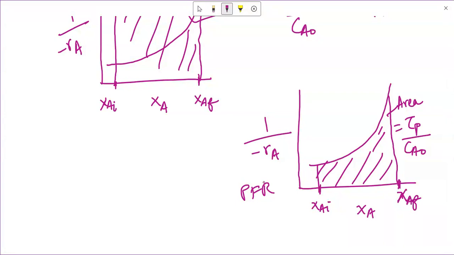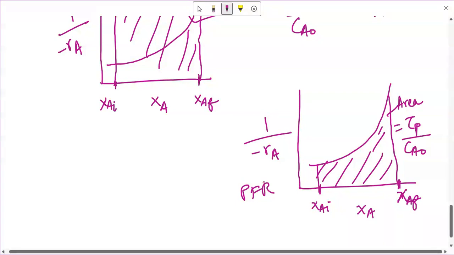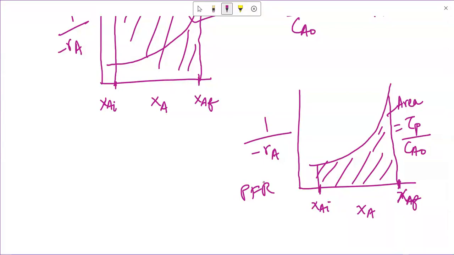Now this rate curve that I have shown here is also there in the Levenspiel book. This rate curve caters to a very large class of reactions. Mainly it is very suitable to describe reactions whose rate decreases as it goes towards equilibrium. So all nth order reactions are covered in this rate curve that I have drawn.